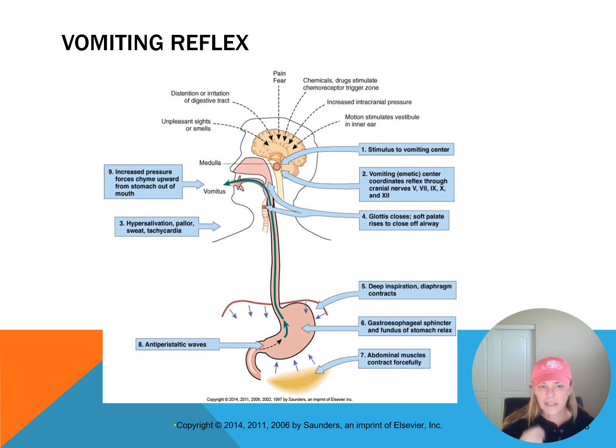So this is a nice little diagram of what the vomiting reflex includes and how vomiting actually occurs. What I find interesting is, if you've ever had the stomach flu or eaten something that made you sick, you have that hypersalivation, a lot of secretions, right before you get pale, you get sweaty, your heart starts to race, and then your abdominal muscles contract forcibly.